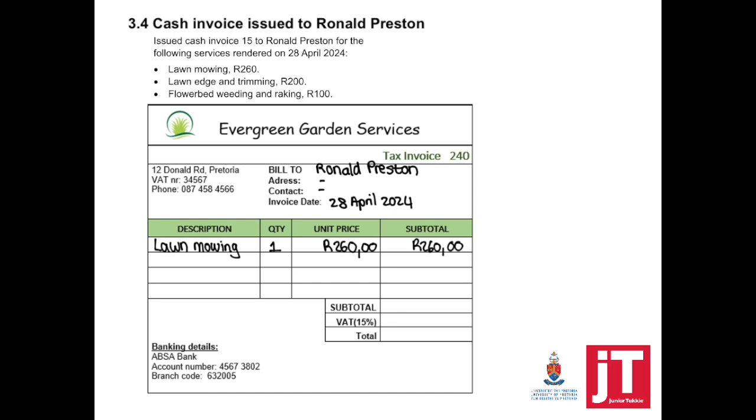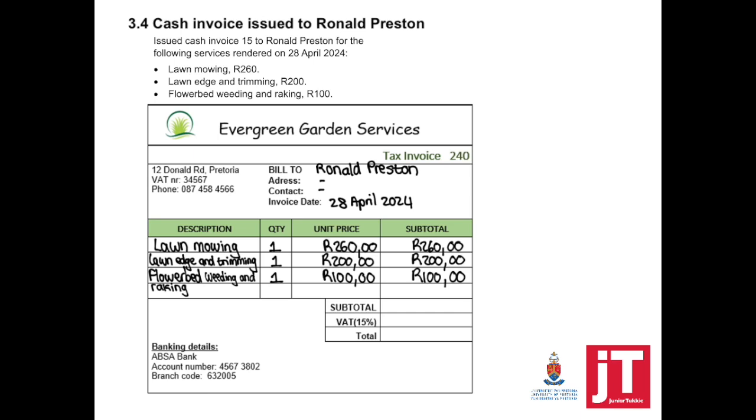Then we had lawn edge and trimming that was done at a cost of $200, so the total equals $200. And then flower bed weeding and raking, one quantity, 100 Rand, unit price, so the total is 100.